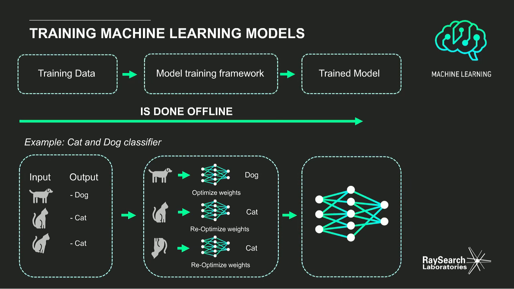We augment the data to get more data to train on, but also to get the model to generalize better. The output is then just a trained model, and that's completely anonymized, and there's no sensitive data in there. So it's very good for sharing.